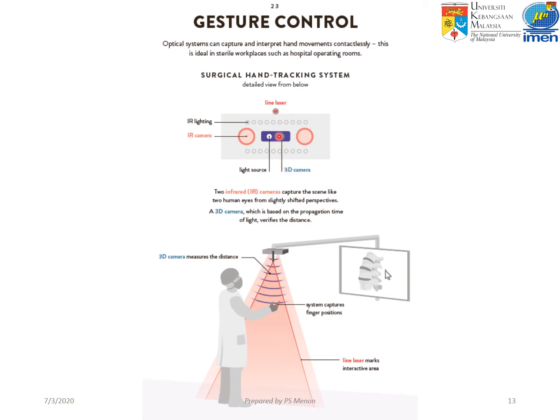So you have a 3D camera over here. So the IR camera captures the image. So the 3D camera measures the distance. The system captures the finger position of the doctor, and the line laser marks the interactive area. So he shows his finger and then it tracks it, and then you have a match and the door opens for the doctor to go in. Okay.